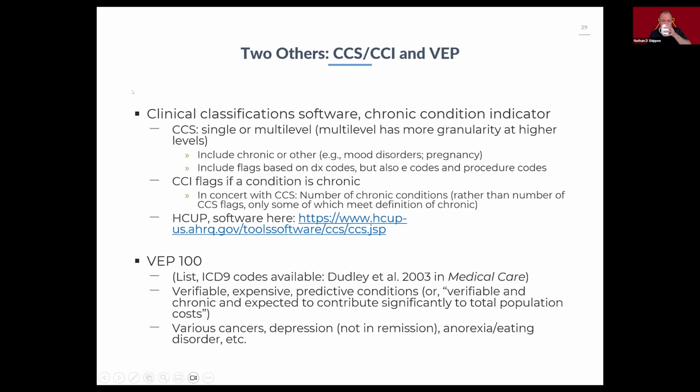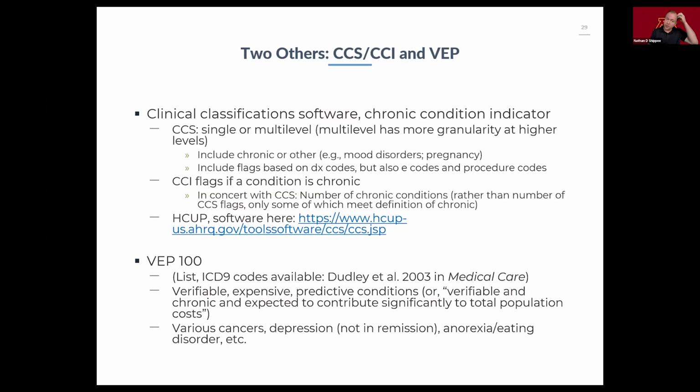And I would just note that the clinical classification software is a bucketing approach, where it takes everything and puts it into buckets. And it has different levels of granularity and complexity. So you can take a single level, which is big, broad buckets that I haven't found to be as useful, but they're simpler to use. And then there's the multi-level, which gets down into a little more specific.